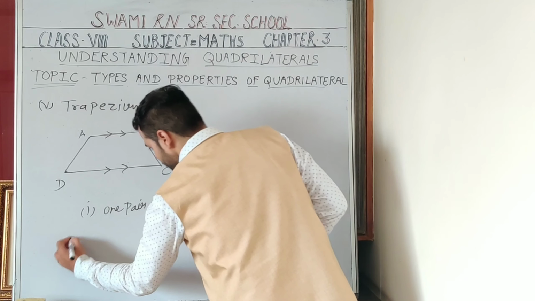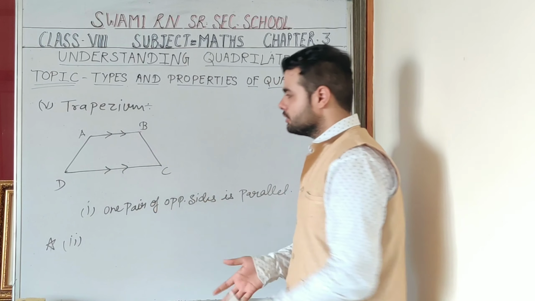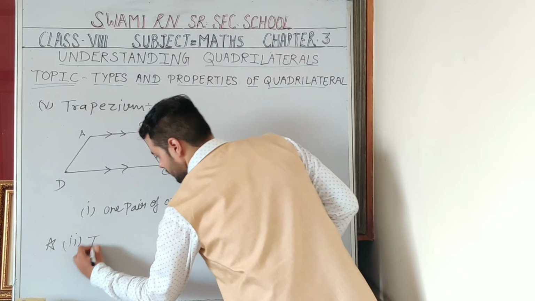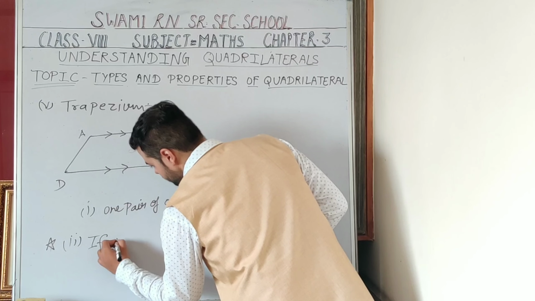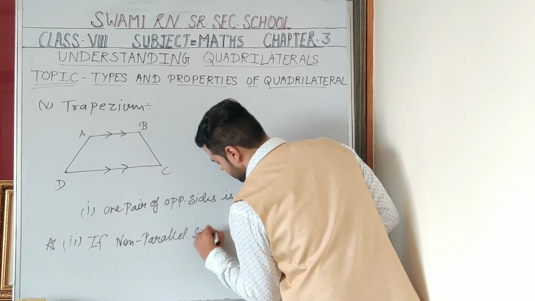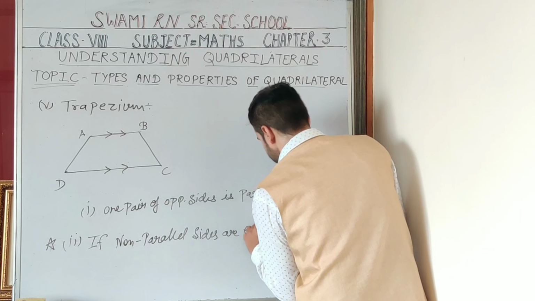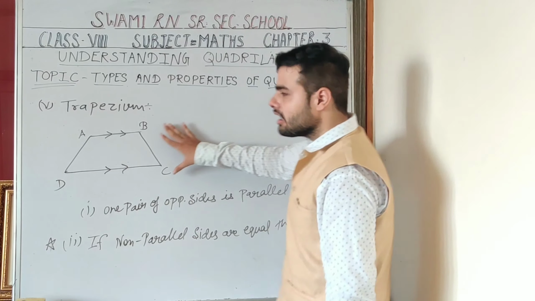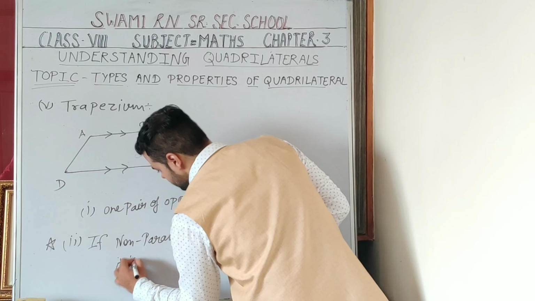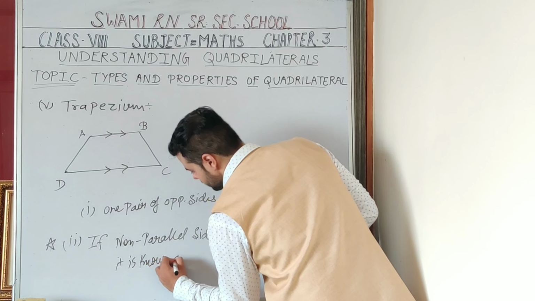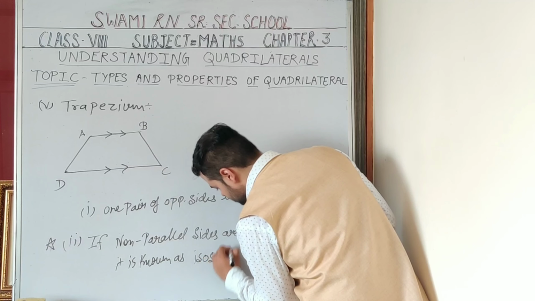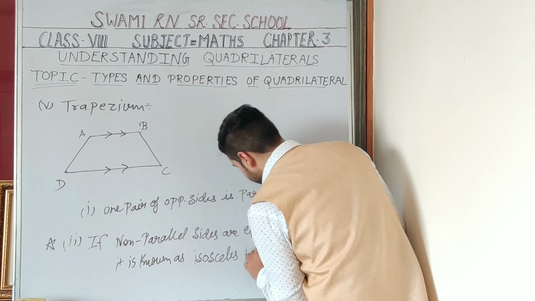And the second property, which is not mostly used: if the non-parallel sides are equal, then this type of trapezium is known as an isosceles trapezium. Okay students, isosceles trapezium.